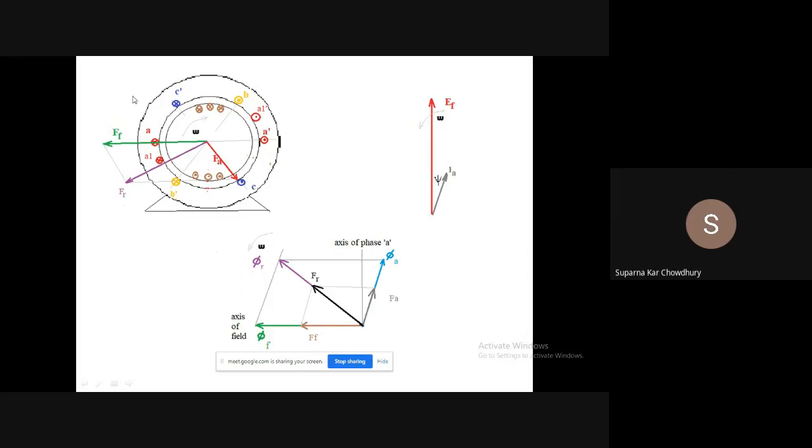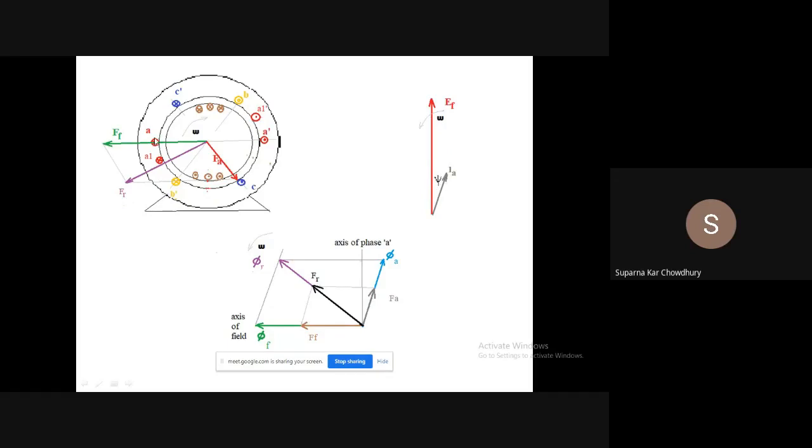Then what will happen for the same position of Ff, that is horizontal in this direction? The current will no longer be maximum in coil AA dashed, because the current is lagging by a time phase angle of psi.